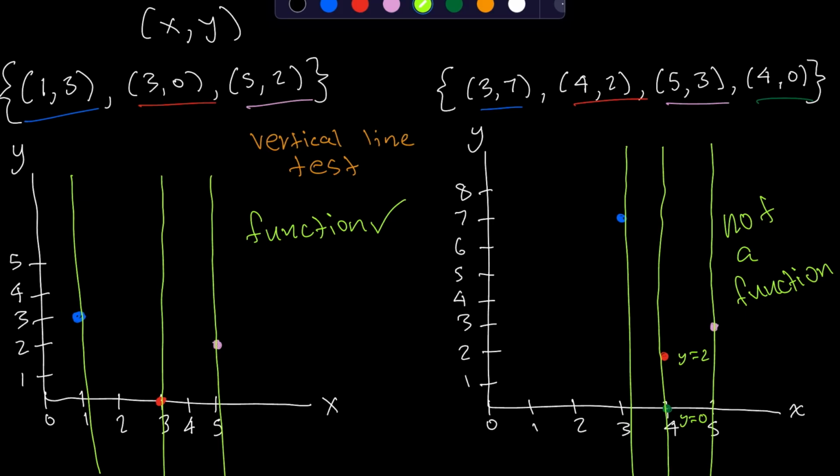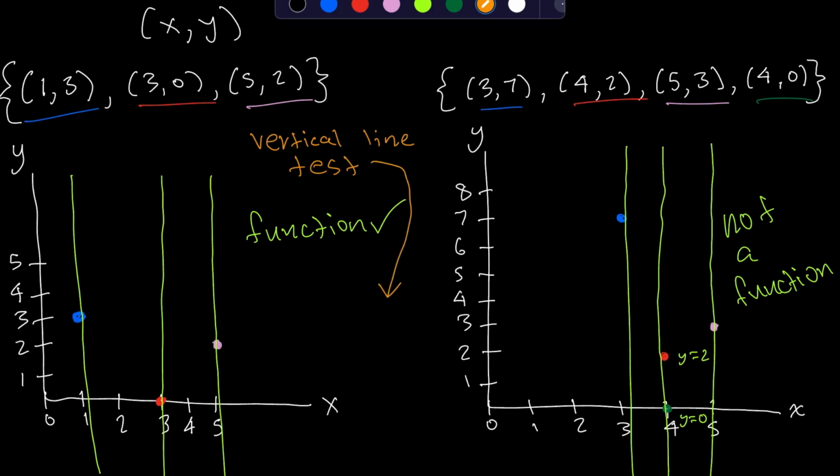So if you've noticed the difference, on the left example, we only have one point on our graph that touches the vertical line test, which makes us a function. On this one, we have two, or at least two. And that's essentially the definition of the vertical line test.